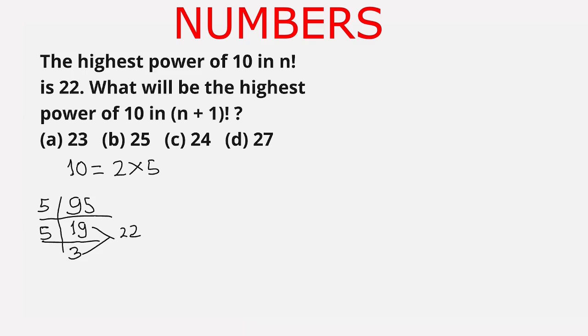So 95 factorial has maximum power of 5, which is 22, but this will be same. 22 power will be in 96 factorial.